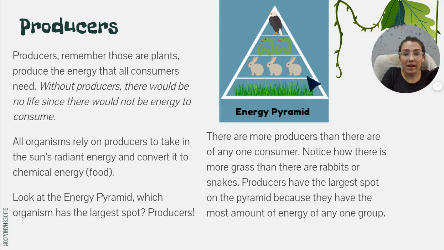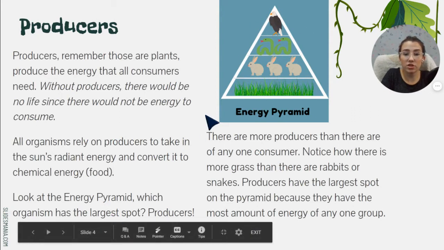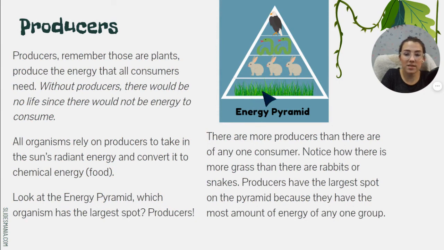Now I want to go back to this energy pyramid poster that we talked about. Notice who has the largest spot. That's right, it's producers. They're at the bottom. There is a larger chunk of producers down here, meaning that if this part was gone, the rest of the pyramid wouldn't have anything to stand on, okay? The other thing I want you to notice is how many of the organisms there are. There's a lot more grass than there are snakes or even bunnies, right?